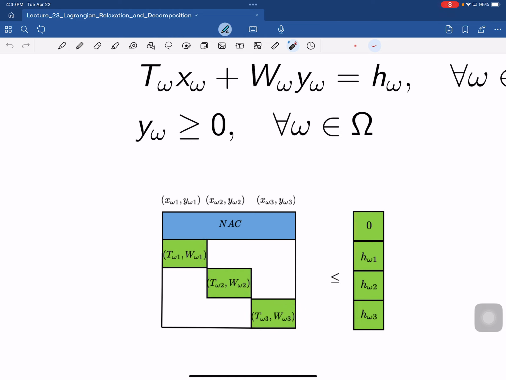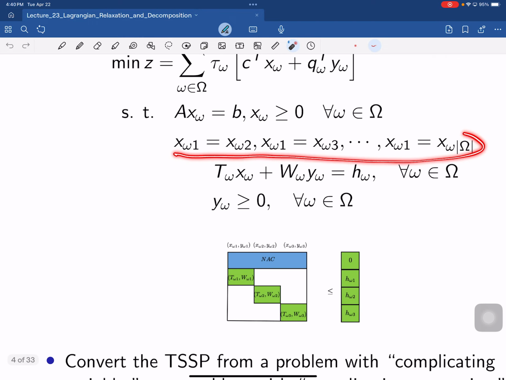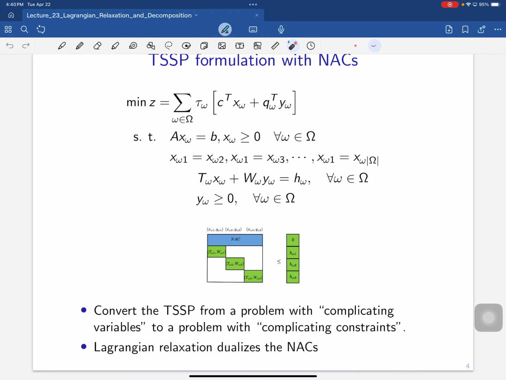What makes this problem non-decomposable are those so-called non-anticipativity constraints, which involve all the scenarios. Essentially, it is this constraint that complicates the problem. Okay. So this is a problem with a so-called complicating constraint. The idea of Lagrangian relaxation is it will dualize this complicating constraint and then make the problem decomposable.